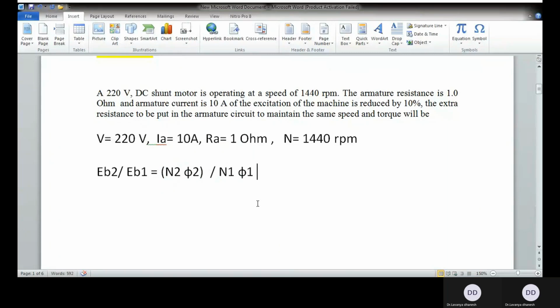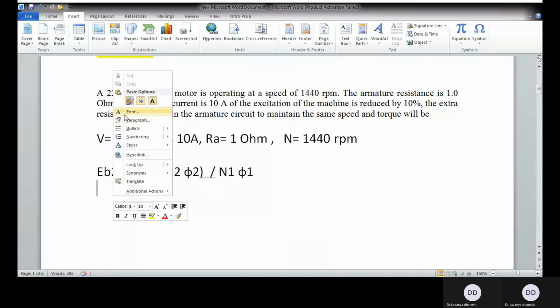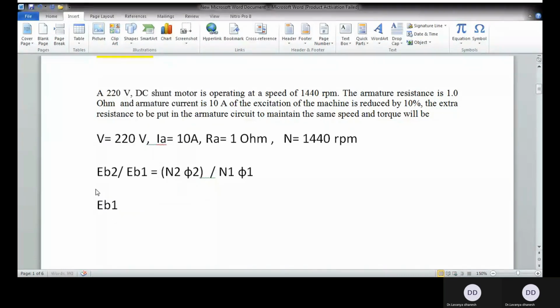Now find out the back EMF EB1. What is the formula?